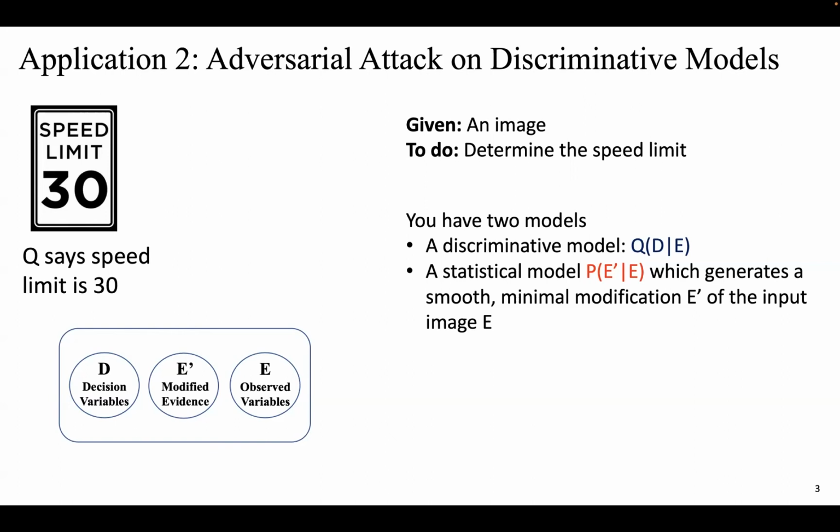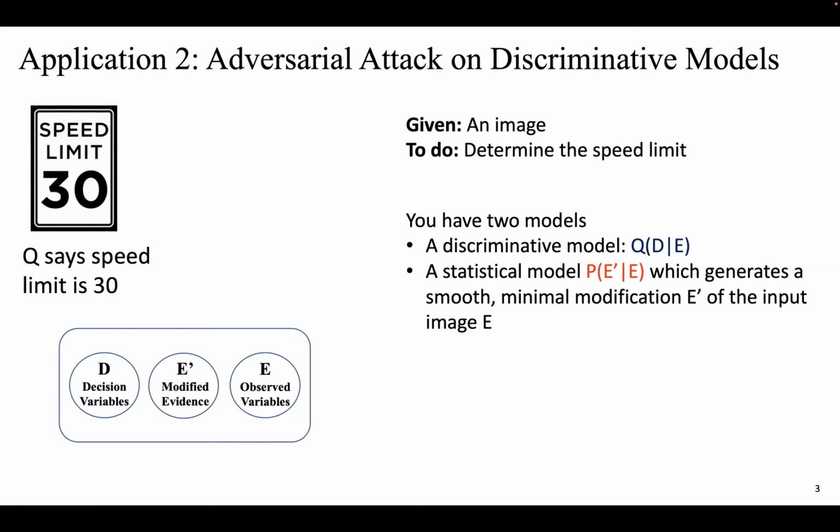So let us consider, again, an image classification task. Let's say you are given this street sign, the speed limit sign, and you have to figure out the speed limit. Now let us say that you're given a discriminative model Q, which solves this task, and also a generative model or a statistical model P, which generates alternative images that look like the original image.